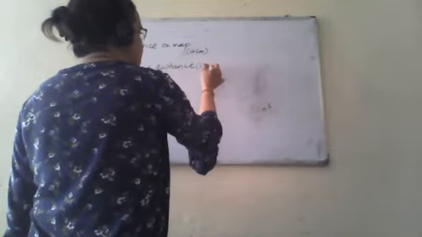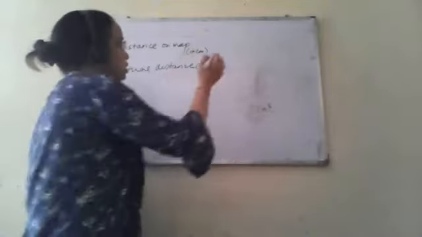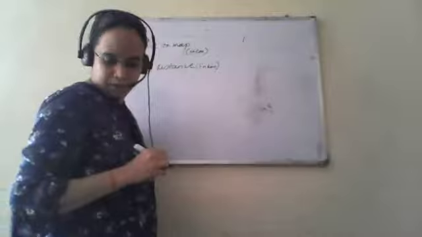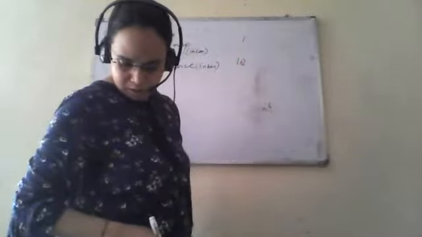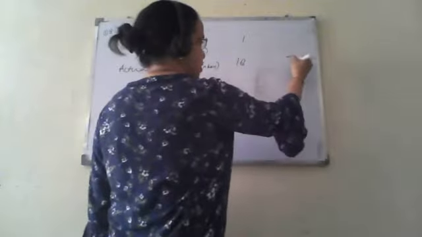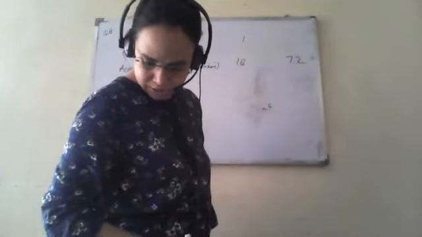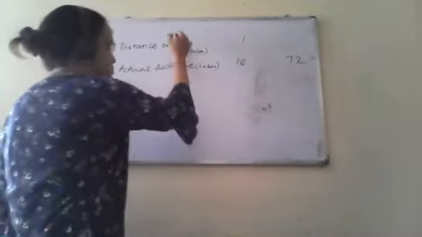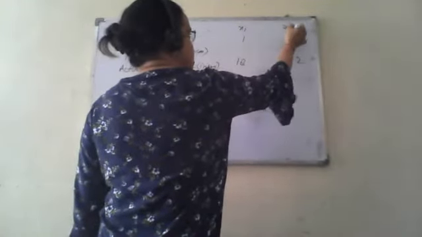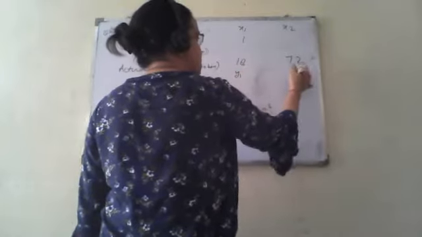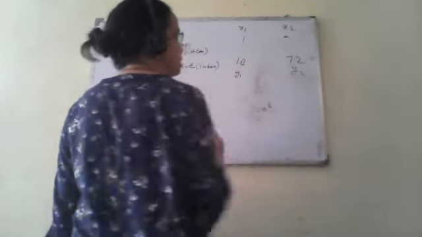It is in kilometer. So when it is 1 centimeter on the map, it represents 18 kilometers, and she has driven 72 kilometers. So what will be the distance on the map? This is simple: x, this is y, this is x1, this is x2, this is y1 and this is y2. We have to calculate x2.